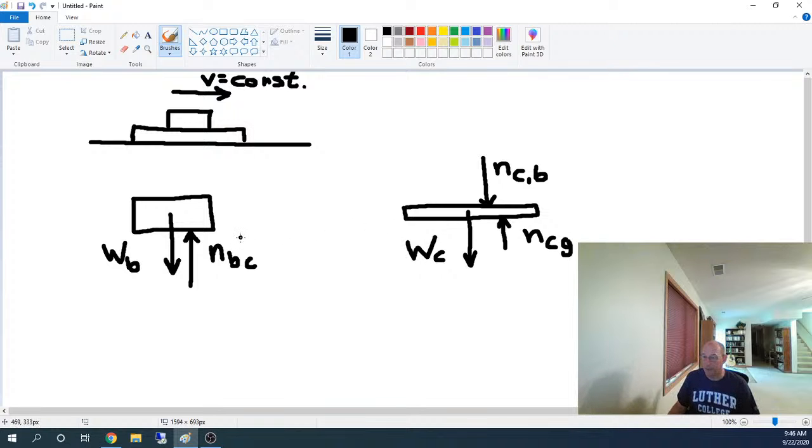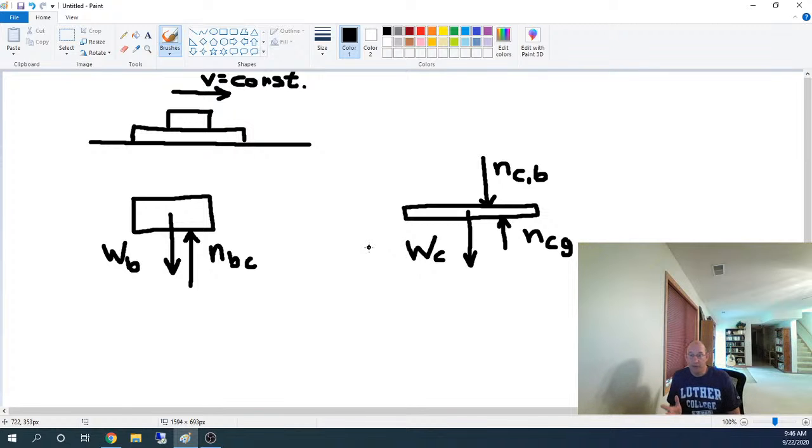So of the forces that are listed on our free body diagram, the only ones that are an action-reaction pair governed by Newton's third law are the normal force exerted on the brick by the cushion and the normal force exerted by the brick on the cushion. So that's the only pair of action-reaction pairs here.